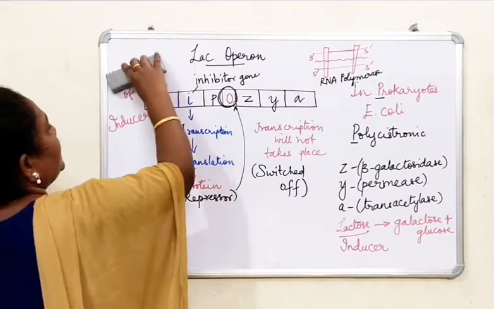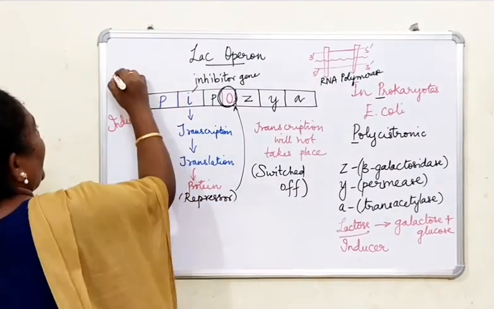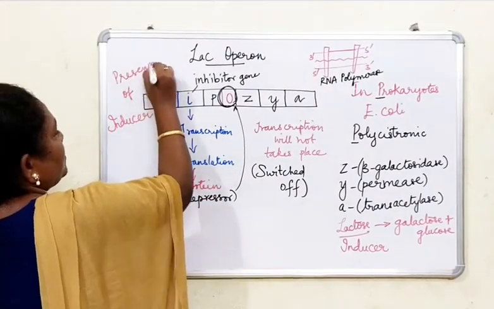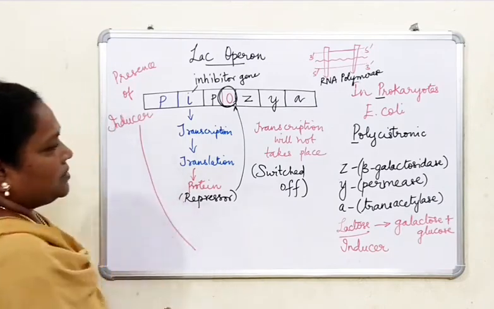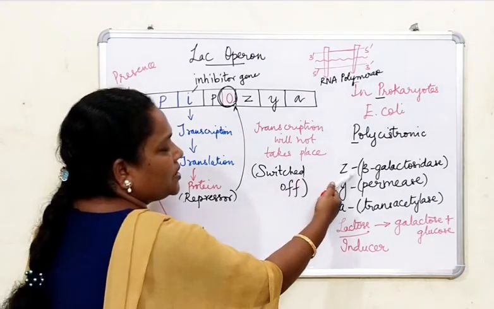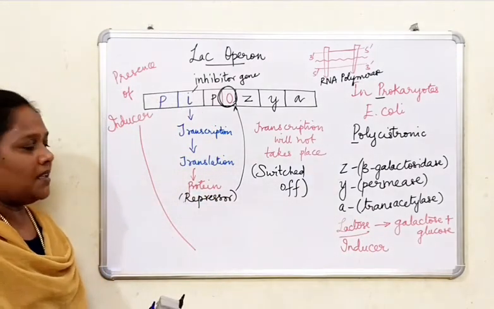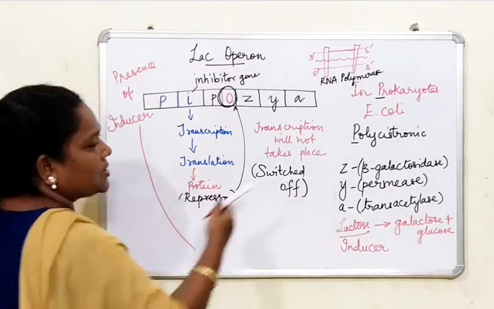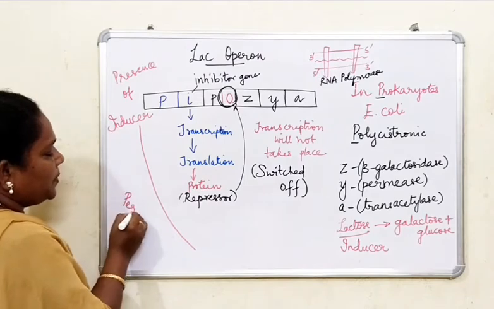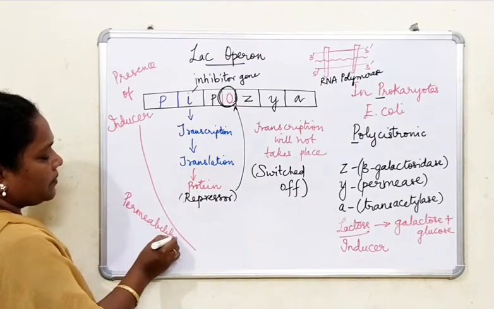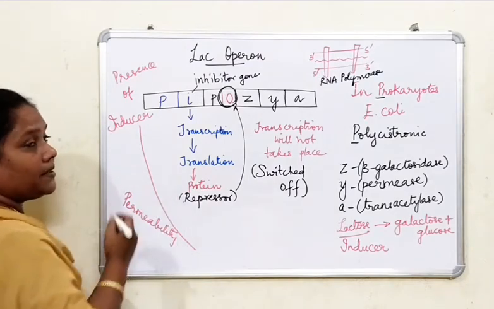Next, what happens in case there is presence of inducer? You are going to add lactose. If the lactose has entered, beta-galactosidase helps in converting the lactose into galactose and glucose. Next enzyme is permease, from permeability. This enzyme helps the lactose move inside.